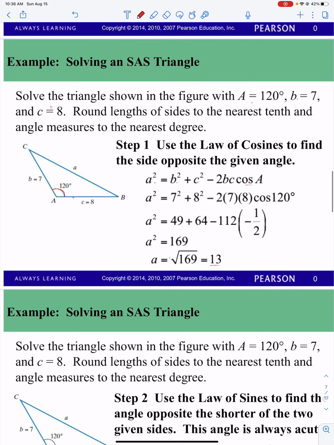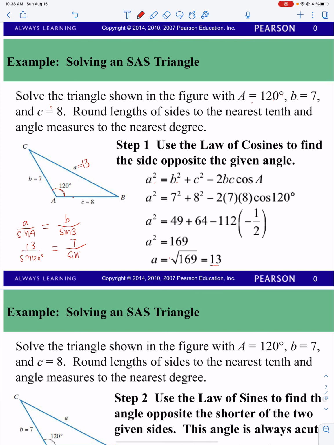After you get a equal to 13, we have a pair now. So we use a over sine of a equals b over sine of b. This means 13 over sine of 120 equals 7 over sine of b.